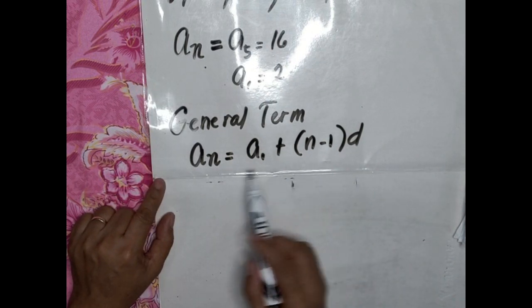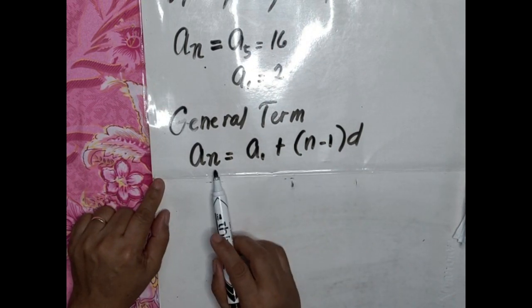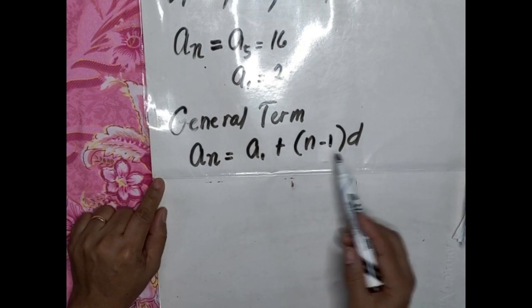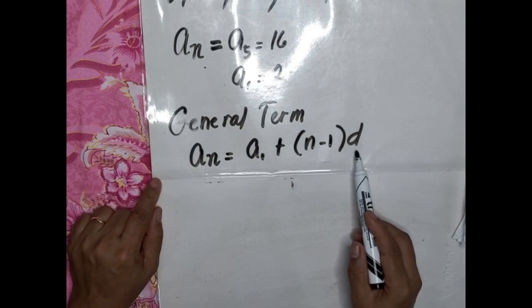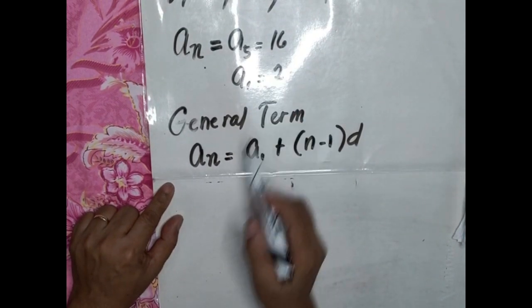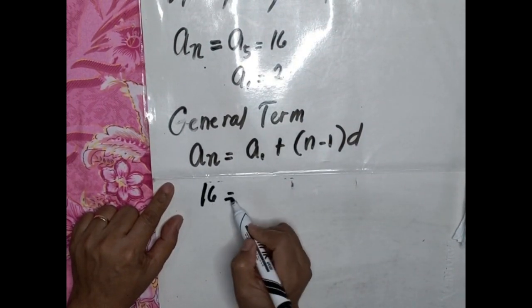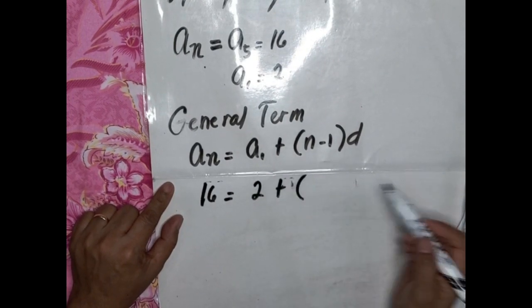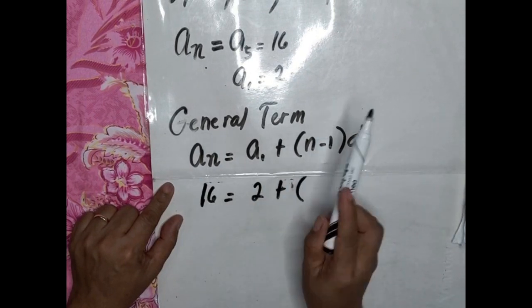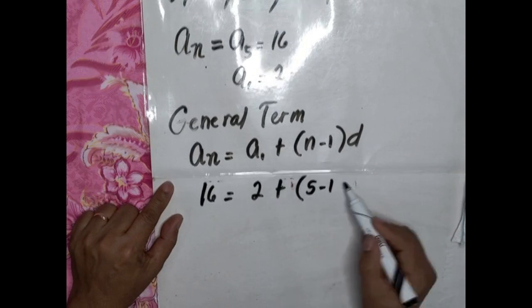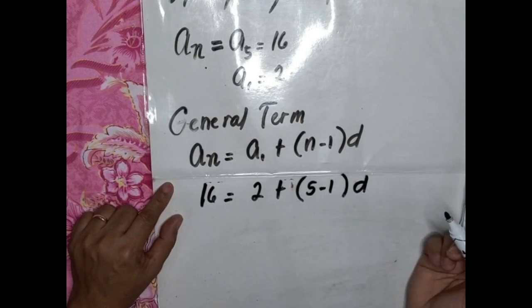So we have here a sub n is the last term, a sub 1 is the first term, n is the number of terms, minus 1 multiplied by the common difference. Our last term here is 16. What is our a sub 1? It is 2 plus n, the number of terms. There are 2 terms given plus the 3 arithmetic means, so that is 5 minus 1 multiplied by the common difference.